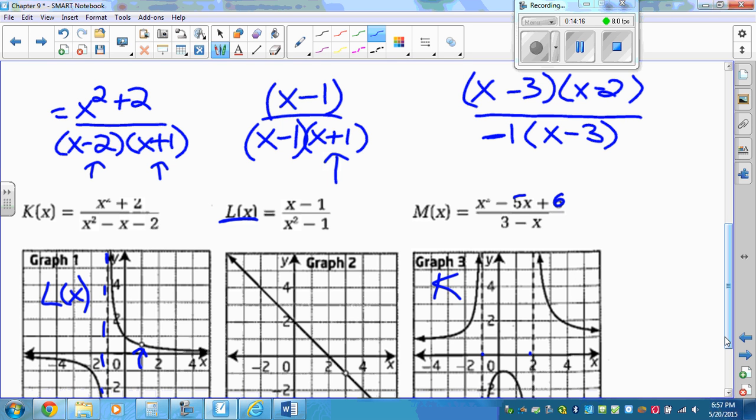Okay, found in both the top and the bottom, it's a point of discontinuity. So I need a point of discontinuity at 3. There we go. Discontinuous right there. Only on the top means that it's 0, so I should have a 0 at 2 right there. And this is going to be this graph. Perfect.